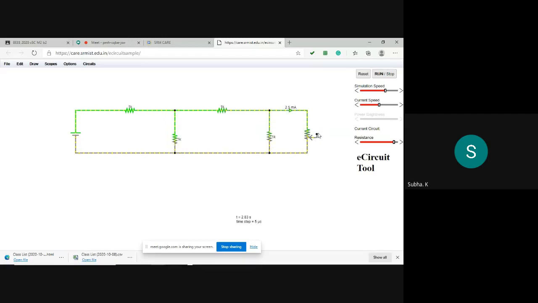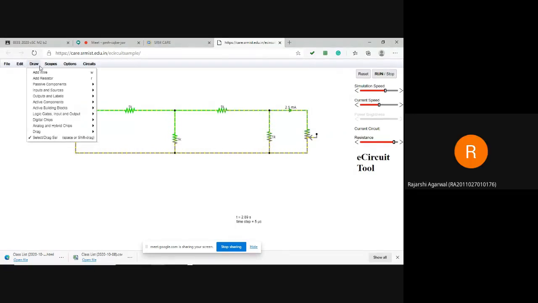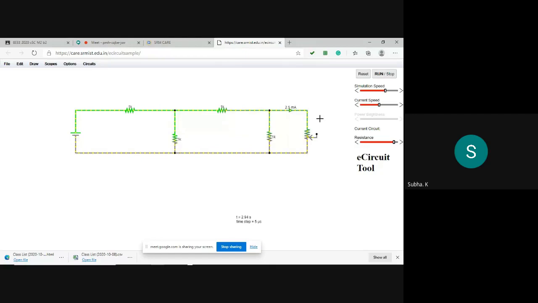You are telling me to connect it to the voltage source? That way you can also tell. Then how will you vary it? Ma'am, may I present my screen for a second?